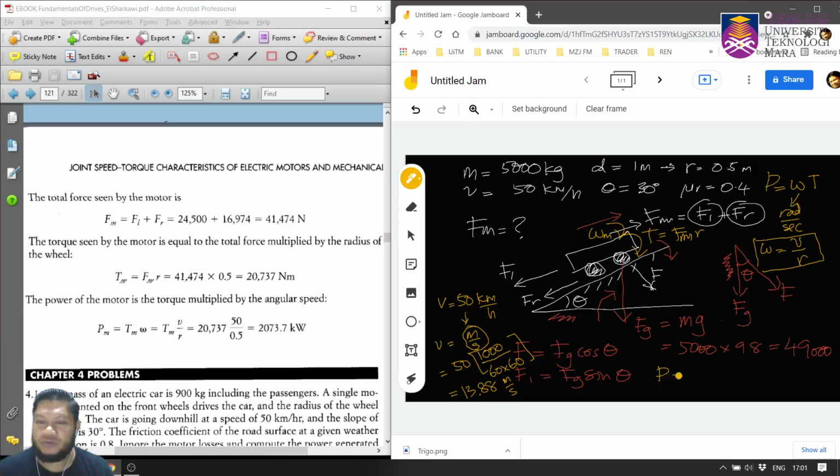We have this equation, power equals omega, which is V over R, multiplied by T torque, so torque equals 20,737, multiplied by V over R, so 13.88 divided by 0.5.